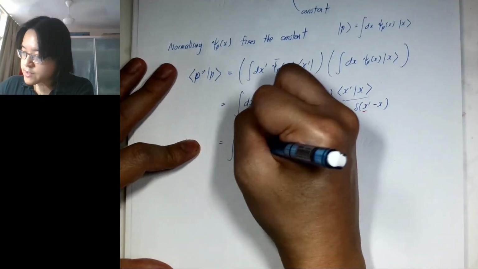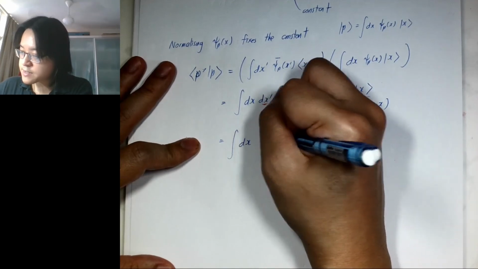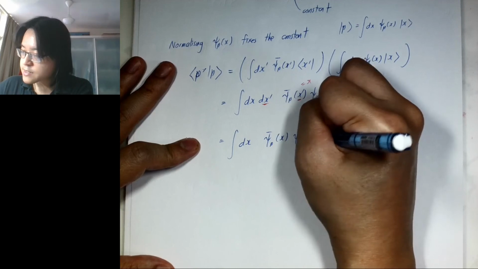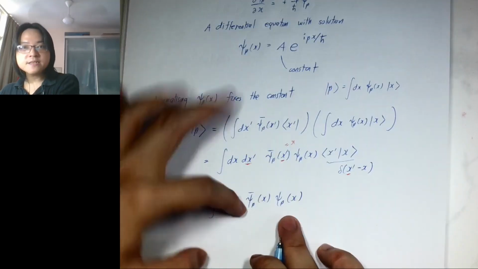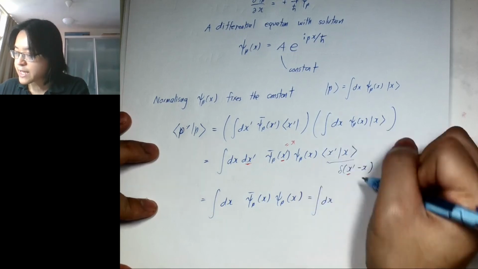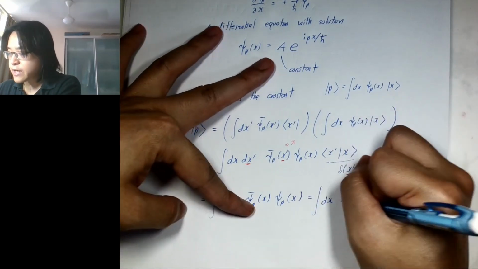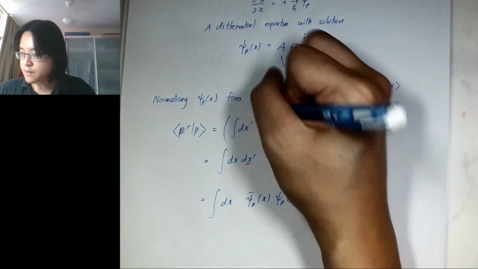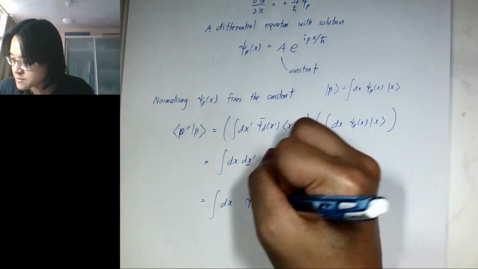So I got this thing here, and then this is just psi bar p prime x times psi p x. And actually, what is psi p x? So psi is what we got here. So this is actually the integral with respect to dx of a bar times a e to the power of, I forgot to prime the p as well, right?